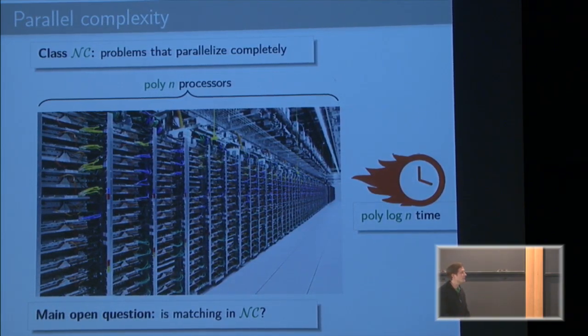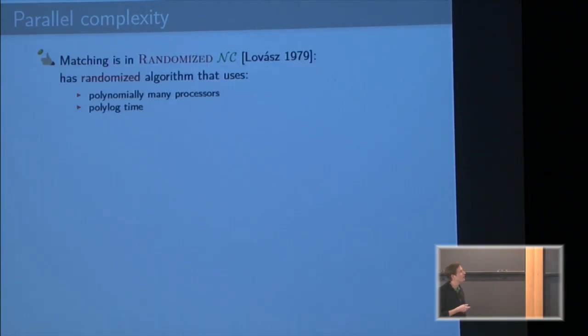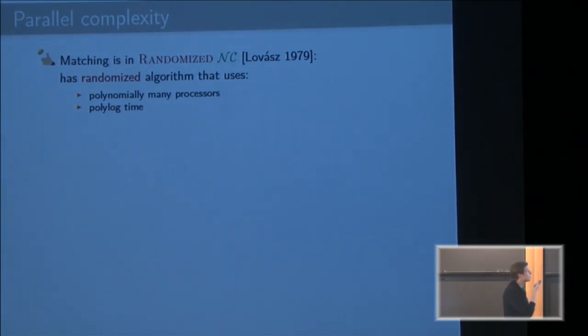This is intriguing because we have known for quite a while that if I allow the processors to use randomness, then it is in NC. For the decision version, this was proved by Lovász in '79, in randomized parallel time. The search version turns out to be much more complicated.